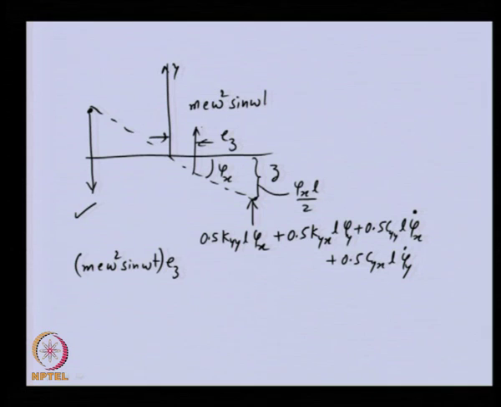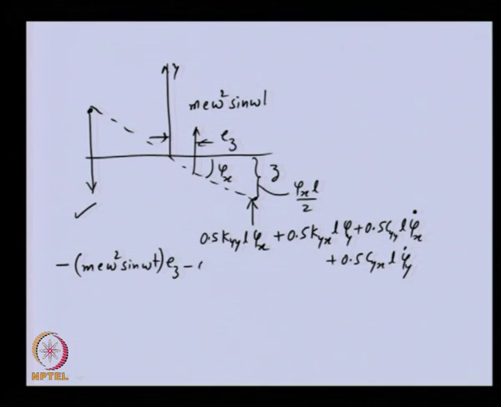This is giving a moment in the counterclockwise direction, that is opposite to the angular displacement. So, it will be negative, and this force and this force will give a moment again opposite to the angular displacement direction. So, they will also be negative.